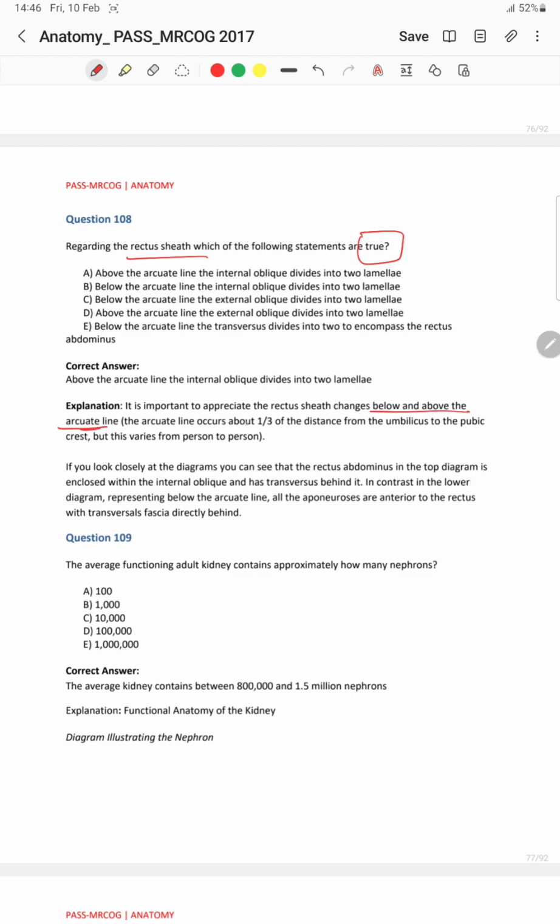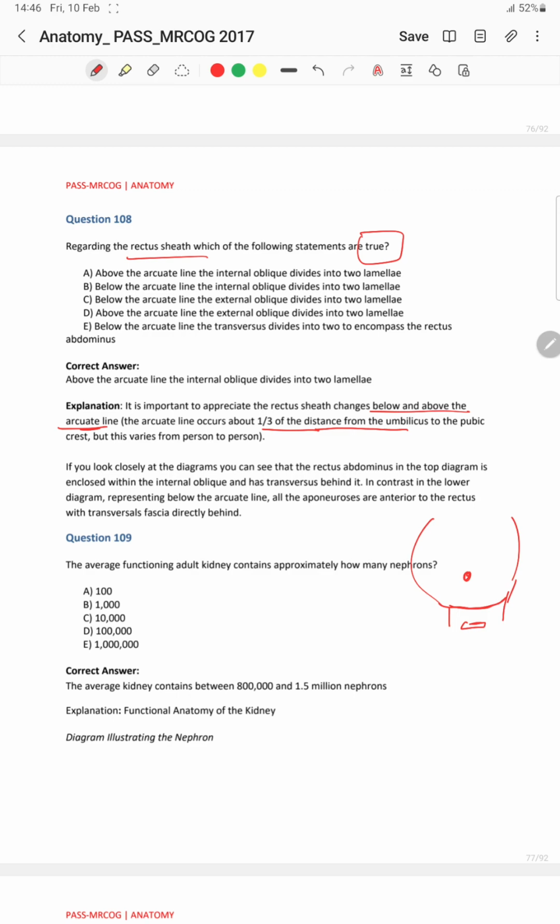The arcuate line occurs about one third of the distance from the pubic crest to the umbilicus. If this is the abdomen and this is the umbilicus, then here will be the arcuate line.